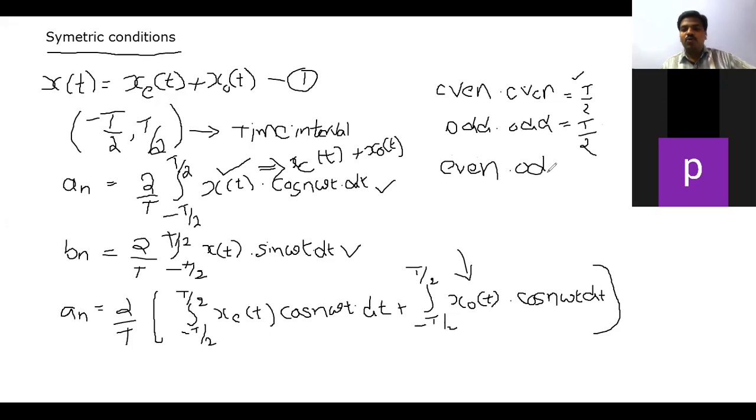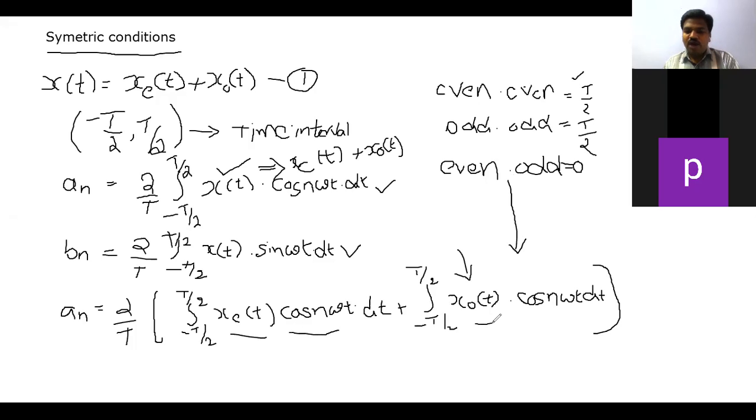Whatever may be the values of m and n, we don't bother about the values of m and n, the product of even function and odd function becomes 0. So by applying the same concept here, see, this is an even function, this is also an even function.